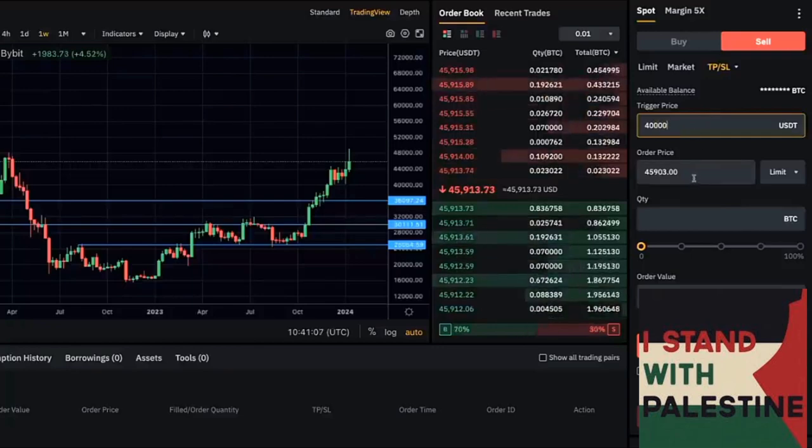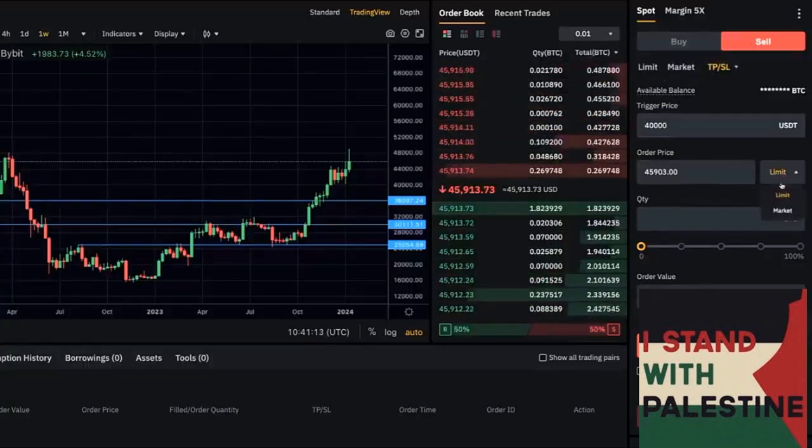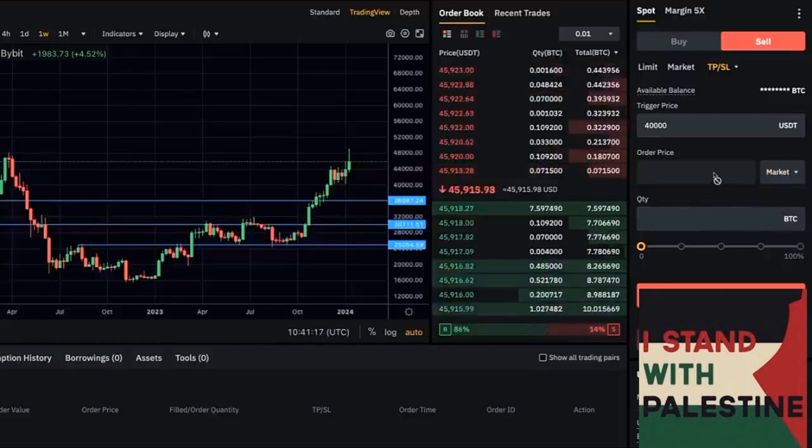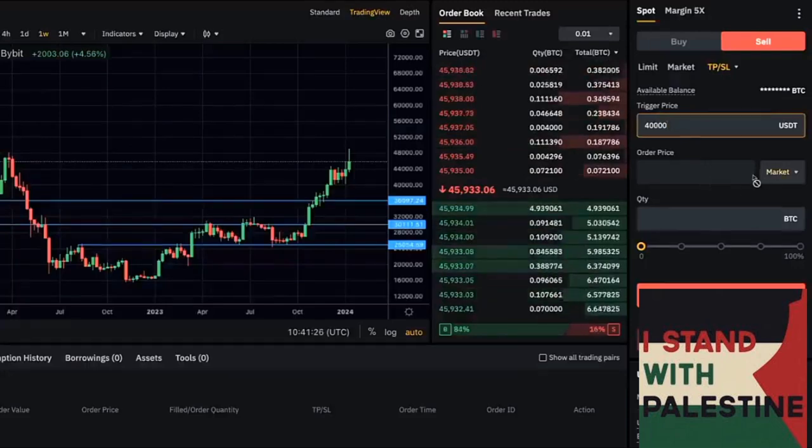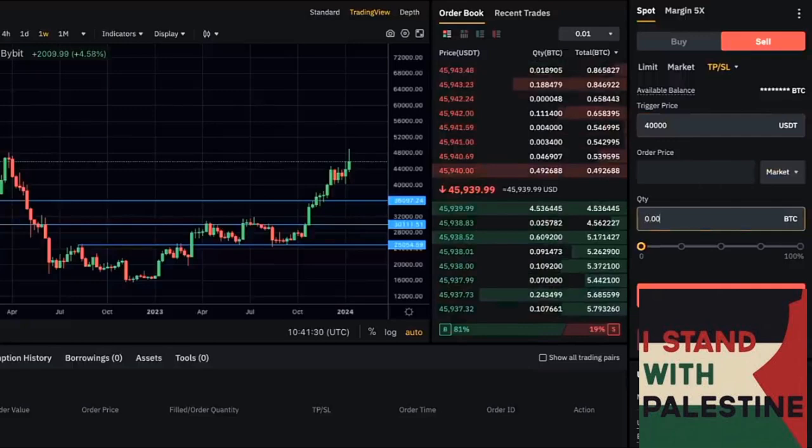The order price is the actual order that is put in when this trigger is met. So we can put a market or a limit order in here. So we'll just do a market order, right? So you can't choose a price. What you're saying is when the price gets to 40,000, that's my trigger. Enter a market order to sell an amount of BTC, whatever it is.